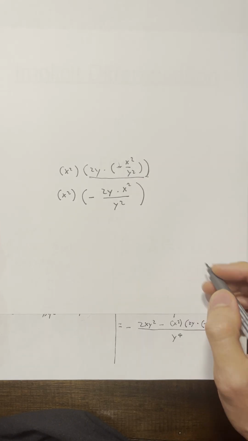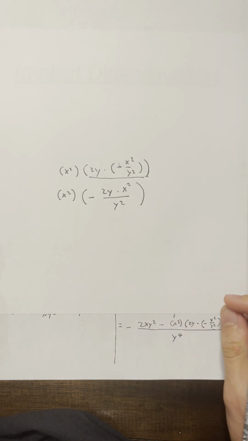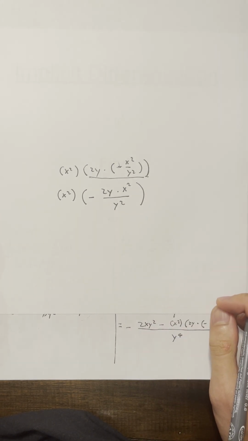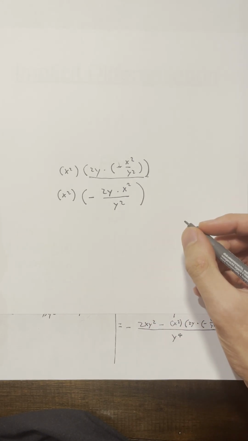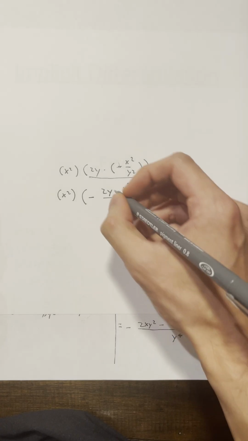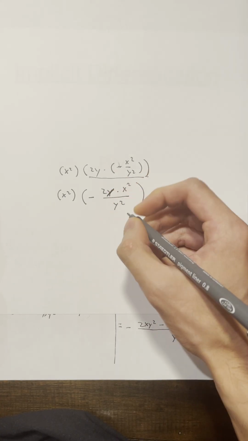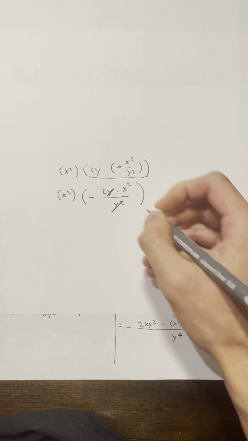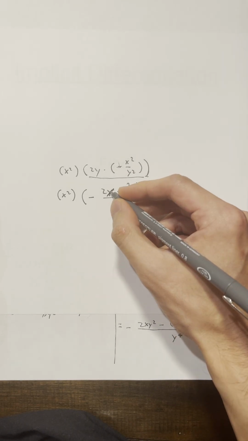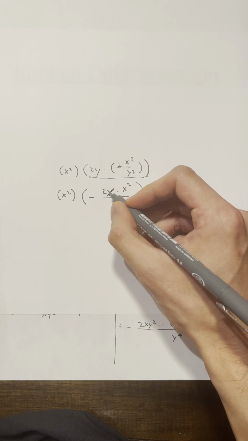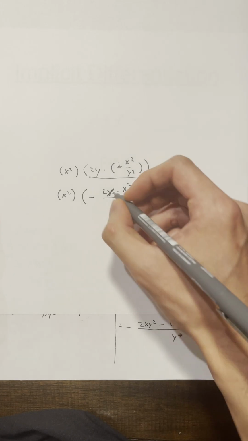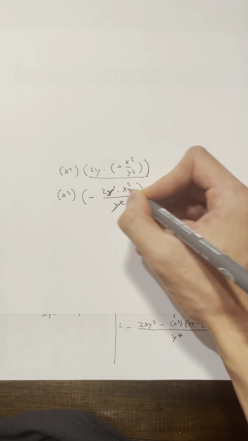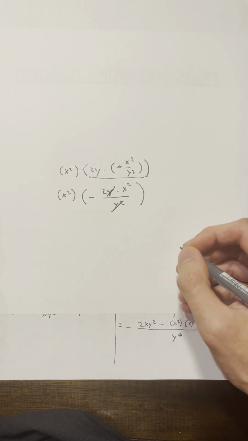Okay, what can I cancel out over here? So we've got y on top and y on bottom. So that means we can cross out this y and cross out this. If I divide by y on top and divide by y on bottom, what do I get? You could think of y as y to the power of 1, right?